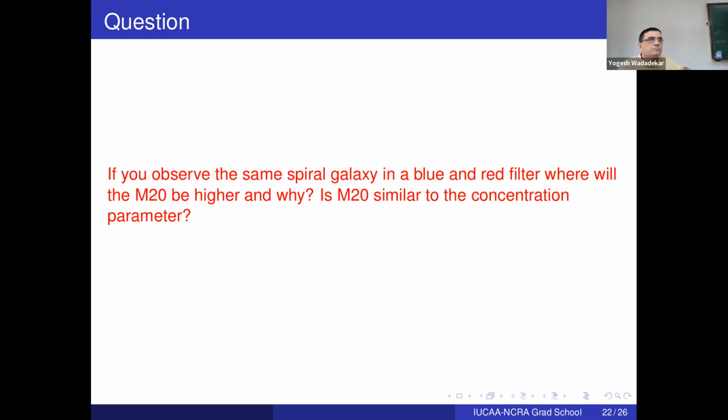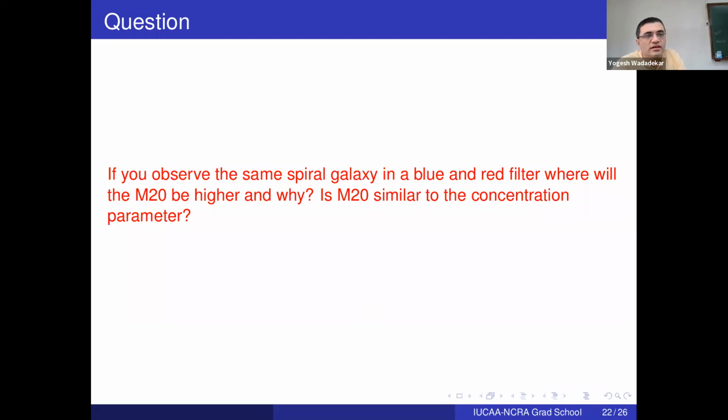So yes, M20 is related to concentration. Not exactly, because they are not equivalent to each other. They are not exactly equal.